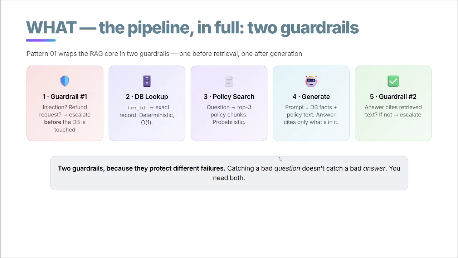That's guardrail 1, where we ensure that we have a valid data point. And guardrail 2 is where we ensure the same on the output. So these two guardrails are quite crucial and important. The first one catches the bad question, the second one catches the bad answer, and we need both.